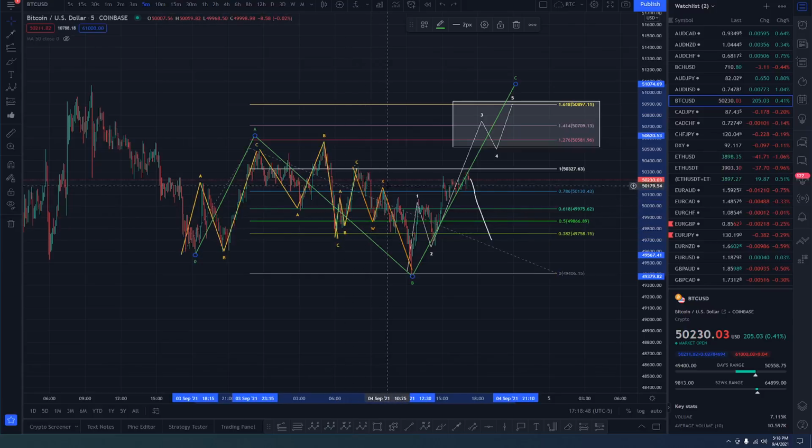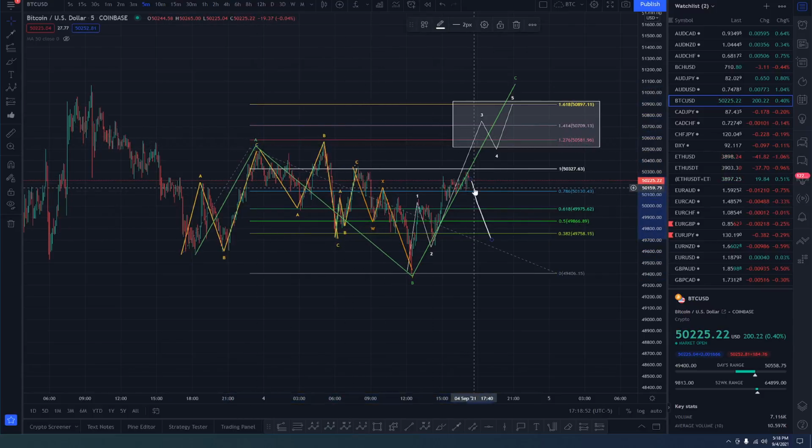You know what I'm saying? So that's possible. We've got to understand that. So anyway, I'm looking for 5 waves, and if this structure breaks down and it starts coming down here, then something's wrong with my count.